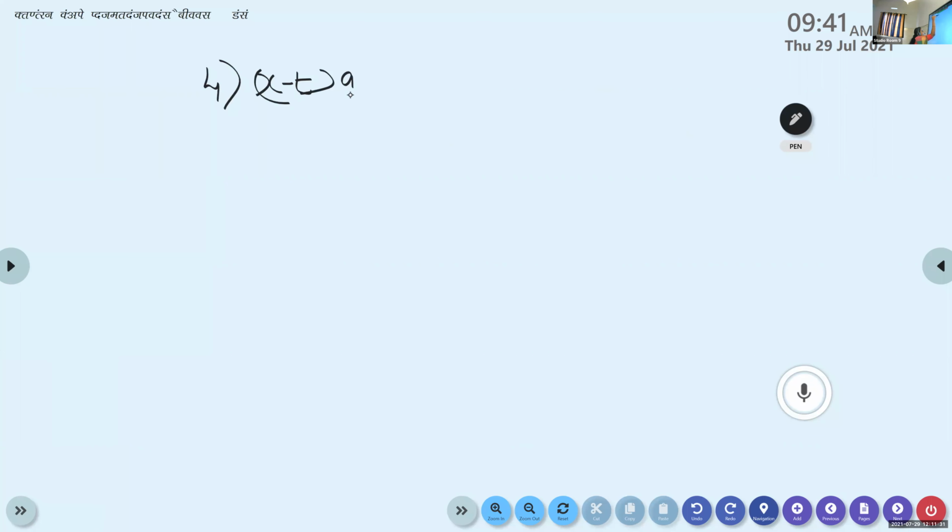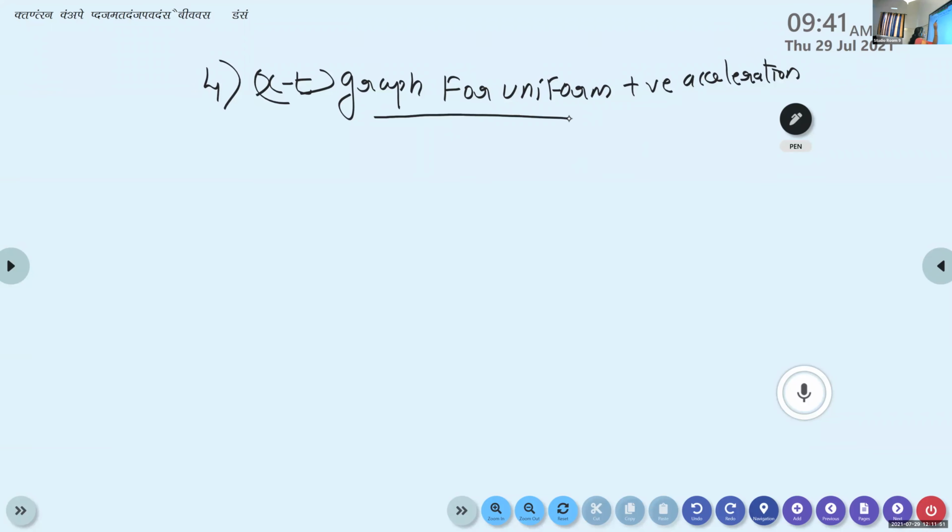Position time graph for an object with uniform positive acceleration.